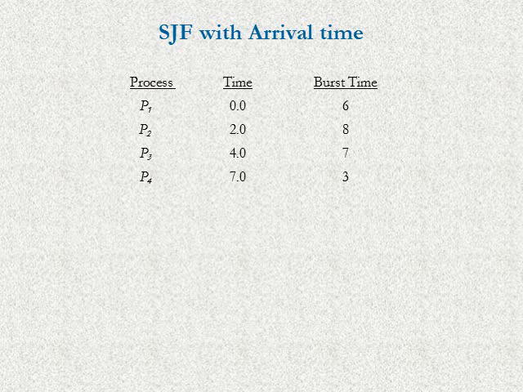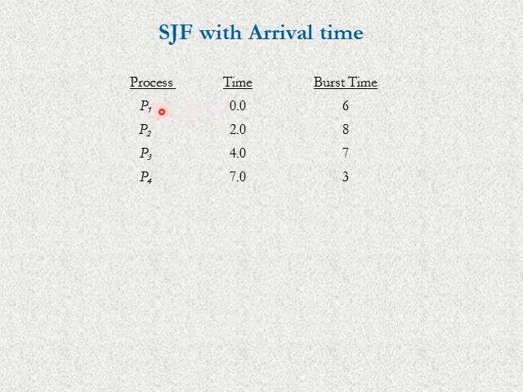As you can see, at time interval 0 there is only one process present in the system, that is P1. P2, P3 and P4 have not arrived in the system yet. So no matter which algorithm you use, as this is the only process present, it will be picked up by the scheduler and passed on to the processor.